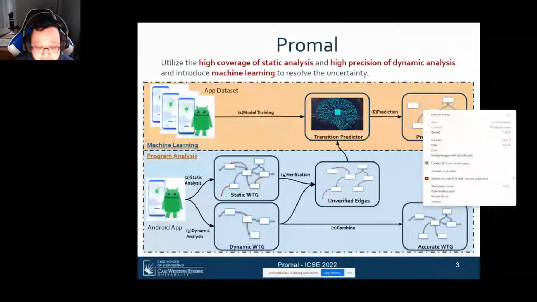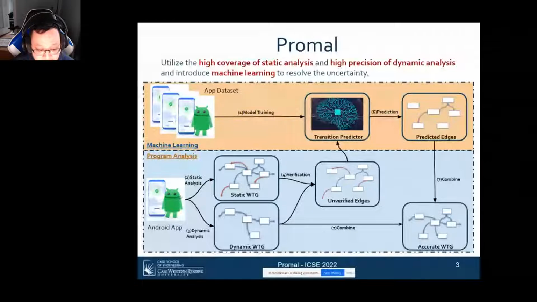Here's the workflow. For a given Android app, we perform both static analysis and dynamic analysis to obtain a static WTG and a dynamic WTG. We use the dynamic WTG to verify each of the edges in the static WTG. If an edge is present in both of them, it is called verified and will be included in the final WTG.